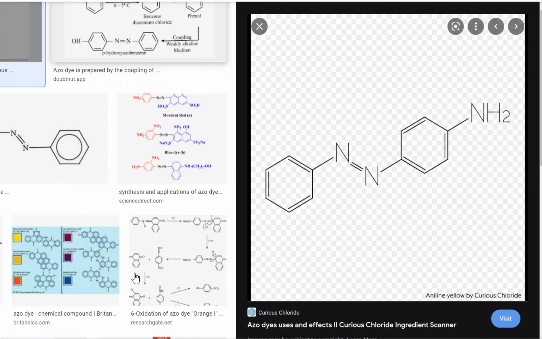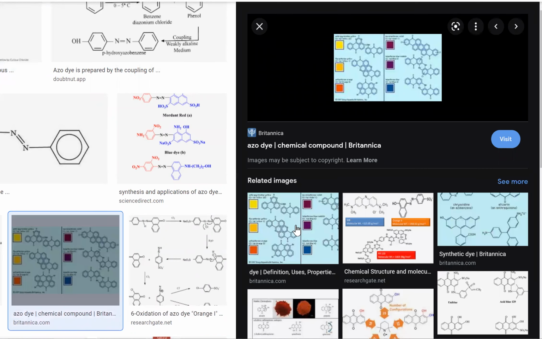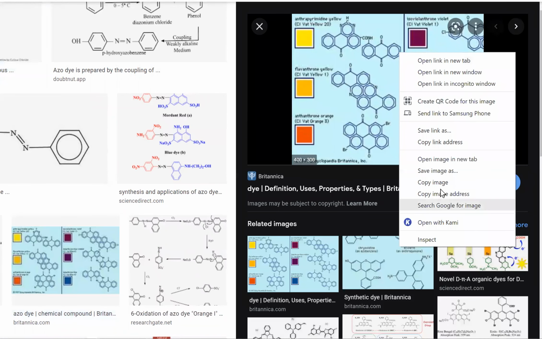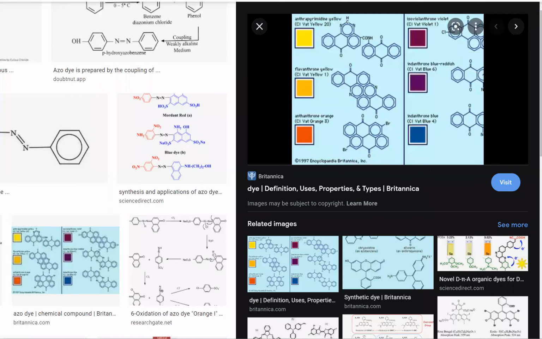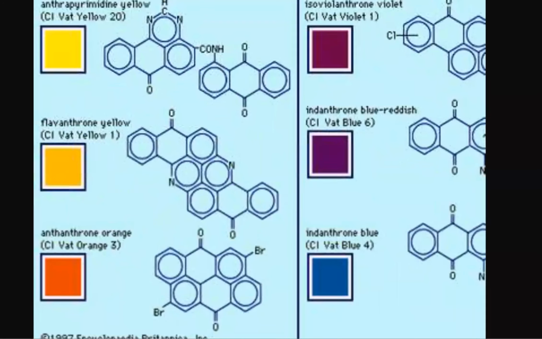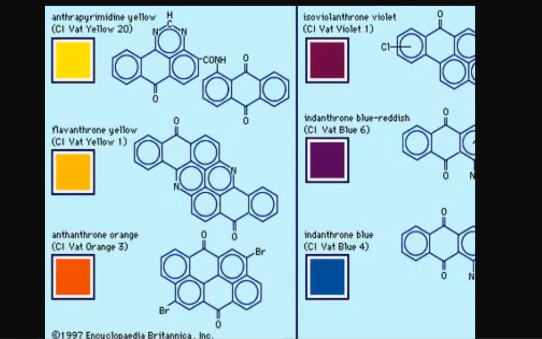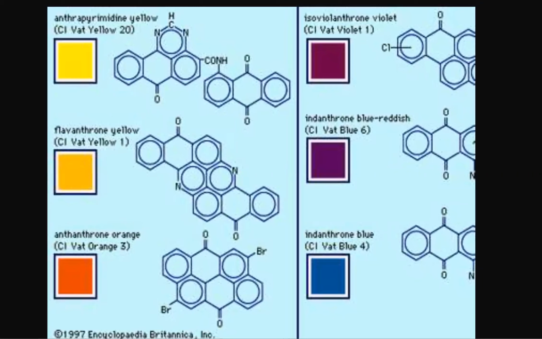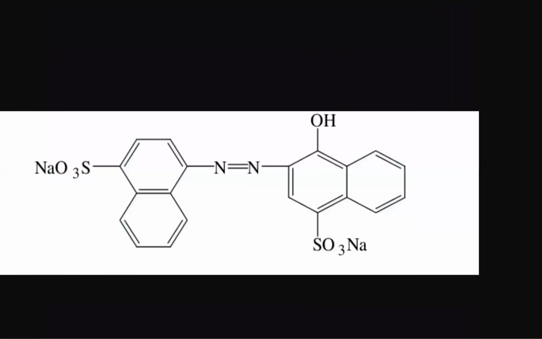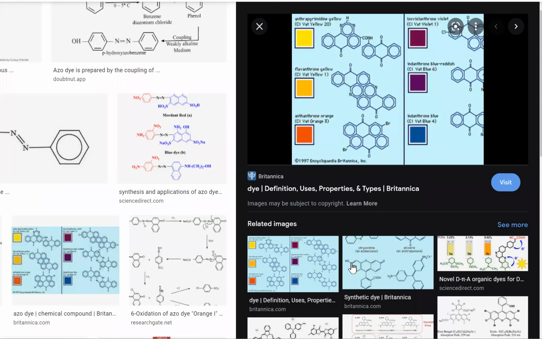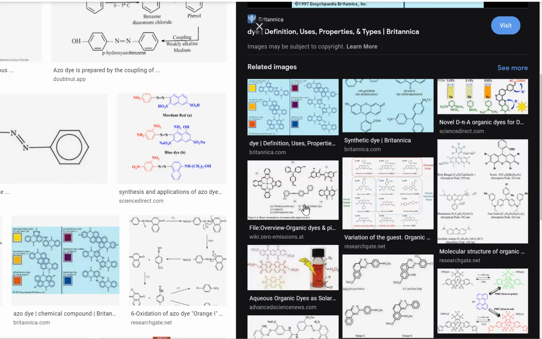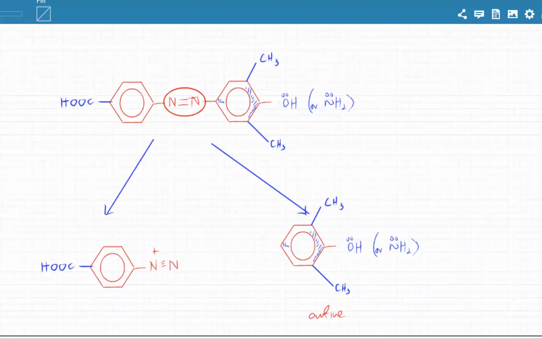So all of these are azodyes, and these are some examples of actual azodyes and their colors. So I just gave you examples, and we did this one.